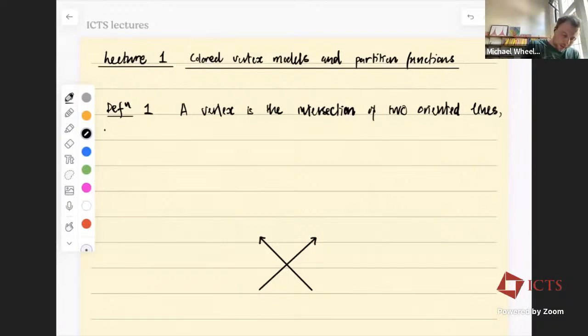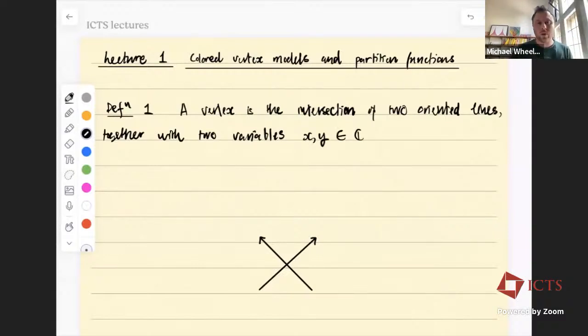So the first thing, together with two variables, which I'll usually denote x and y, you could think of these as complex variables or indeterminates, depending on how you want to interpret things. It really doesn't matter too much.